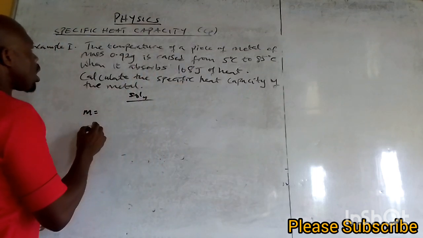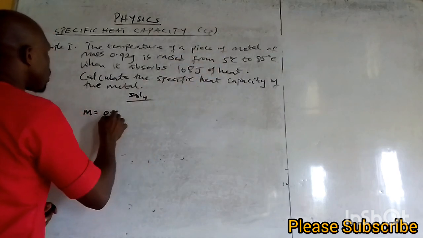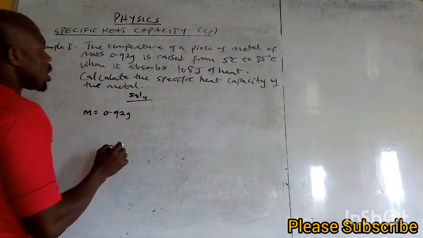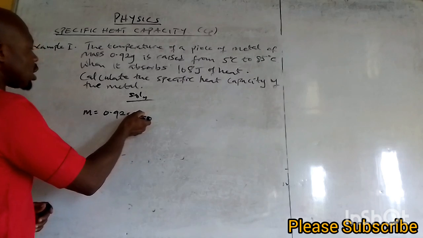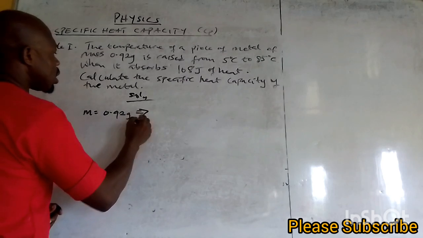Mass of the metal is 0.92 grams. And of course, the SI unit of mass is kg.